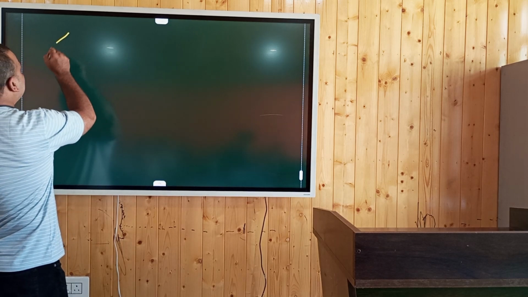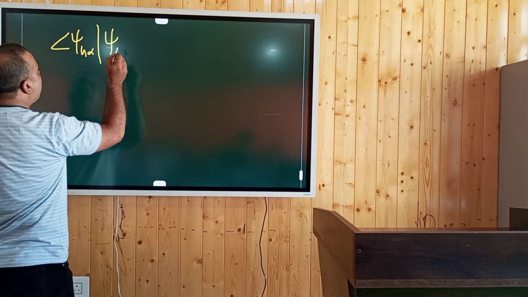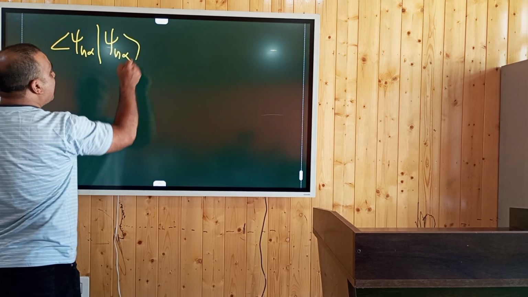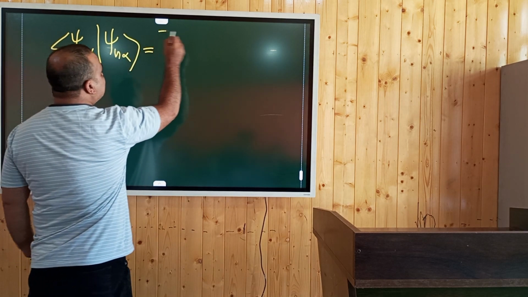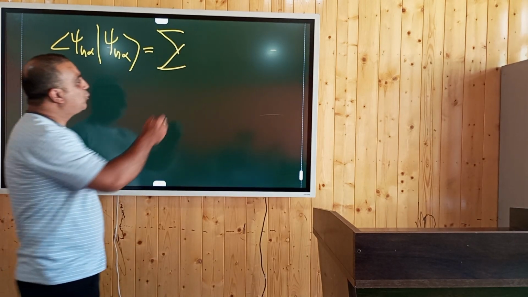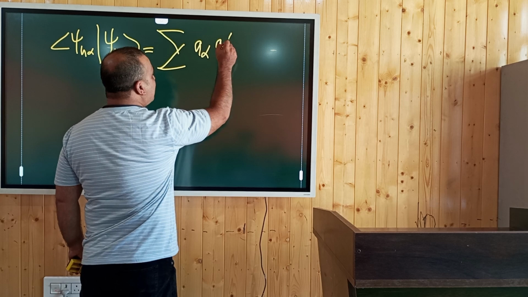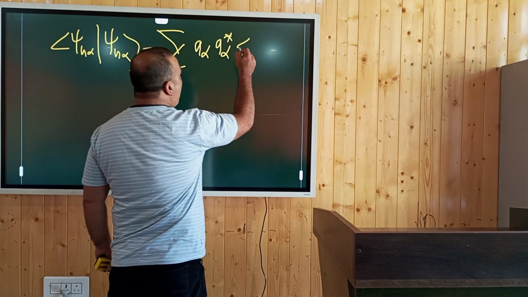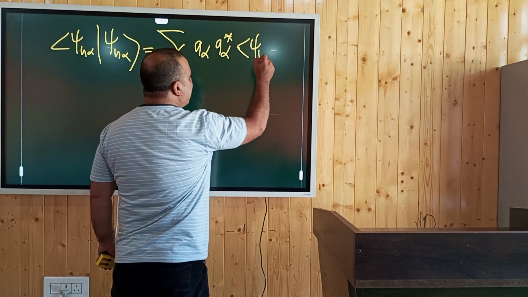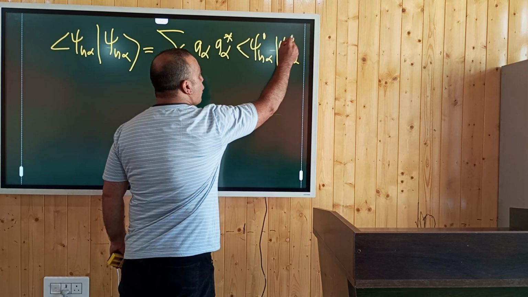I should write psi n alpha with psi n alpha is equal to the sum. Now you know it is from 1 to f, I will not write that. So you will have A alpha star, and then you will have psi n alpha naught with psi n alpha naught.